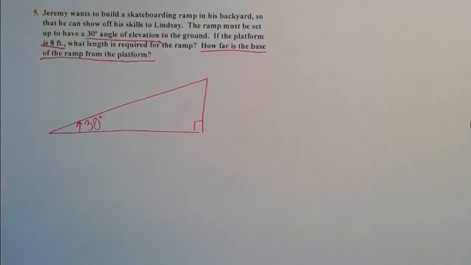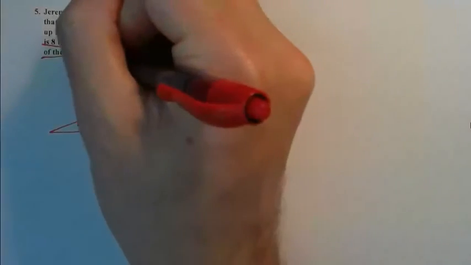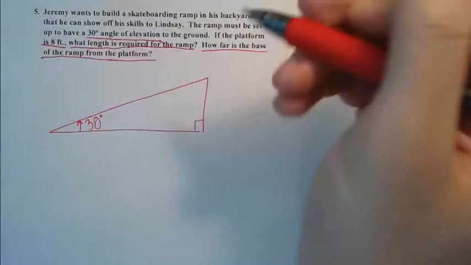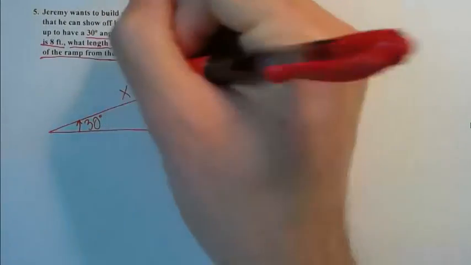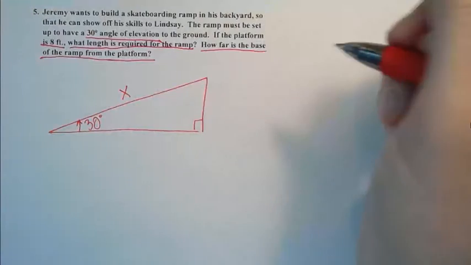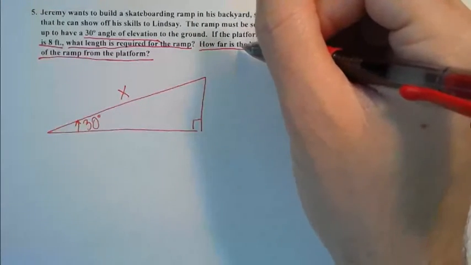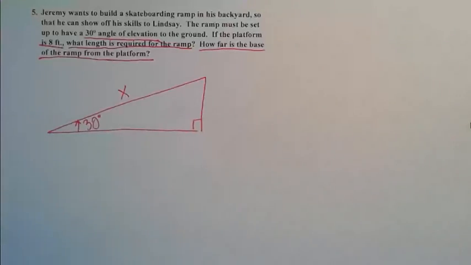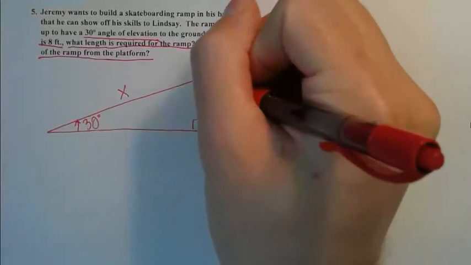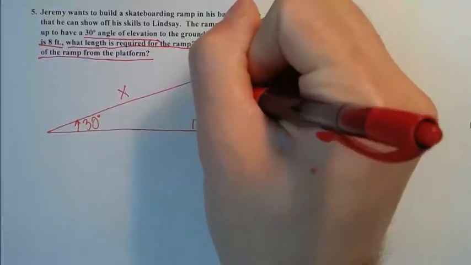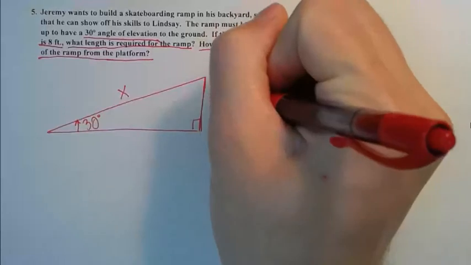So we're building this on top of a platform, and we have to be careful with what's the ramp and what's the platform. It also asks what the length is required for the ramp. So we don't know the ramp length. How far is the base of the ramp from the platform? Our platform that they're talking about, I think they're talking about this far side being 8 feet.